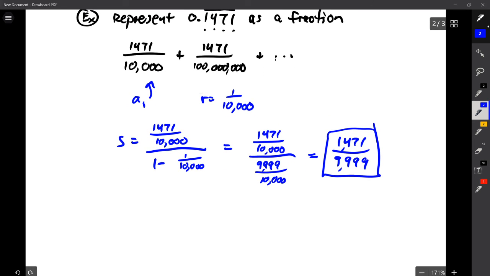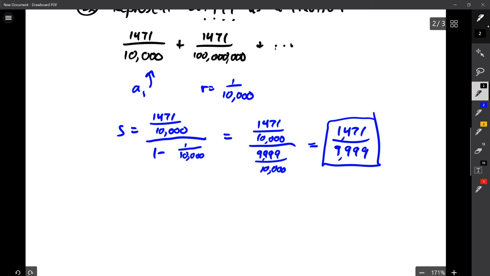You're actually more familiar with this than you might think. What if we had 0.333, etc.? You've accepted for a long time that 1/3 is 0.3 repeating.